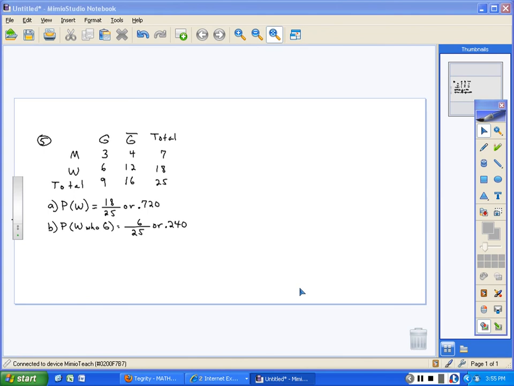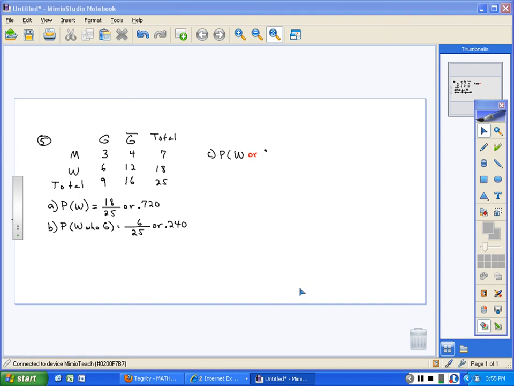Part C. I'll do it over here. Part C says, if the chairperson is randomly selected, find the probability of getting a woman or a college graduate, someone who graduated from college.